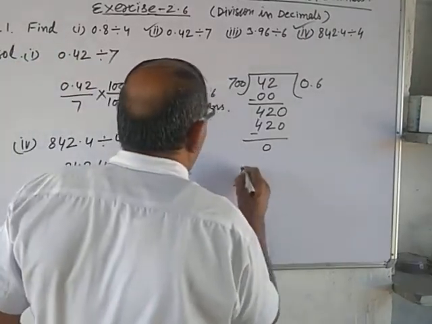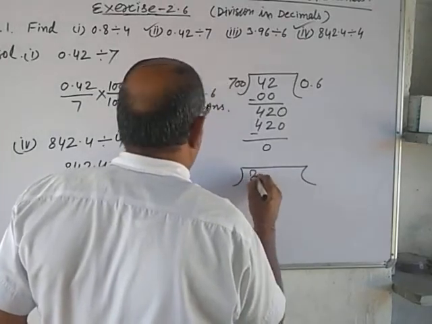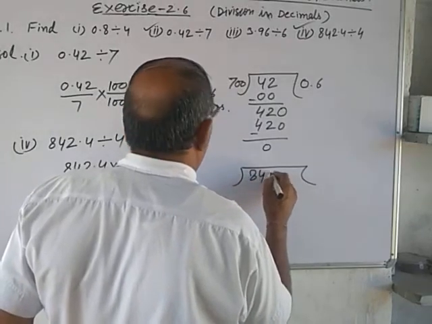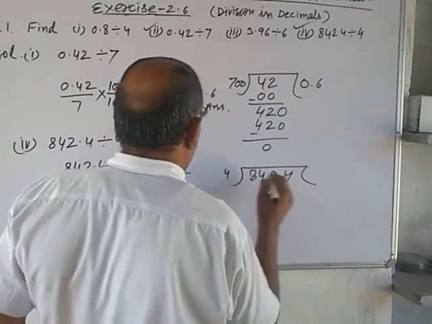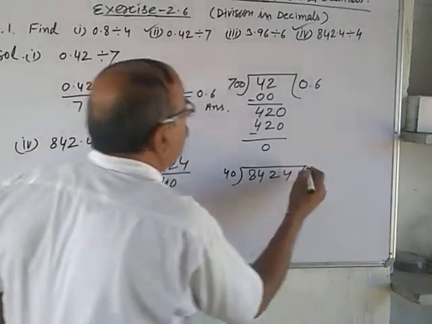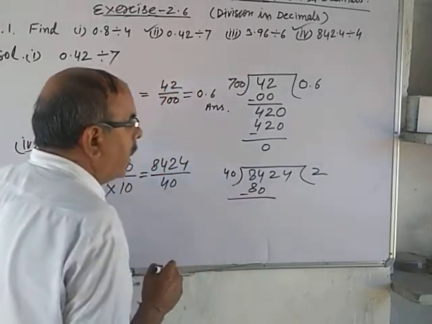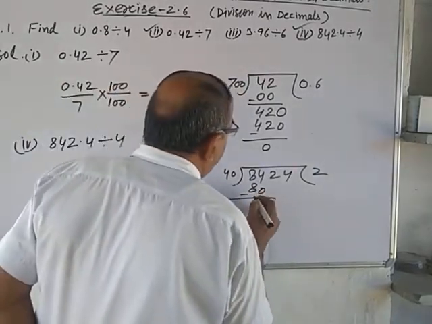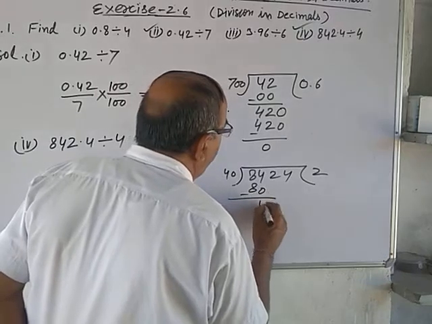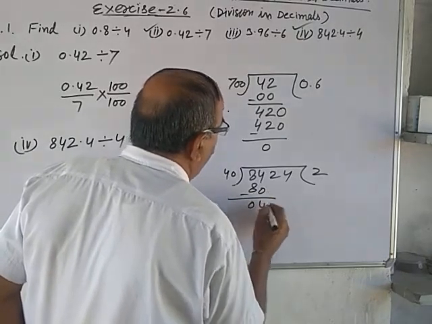We divide 8,424 by 40. 42 is 80. We subtract, the remainder is 4 and 0.